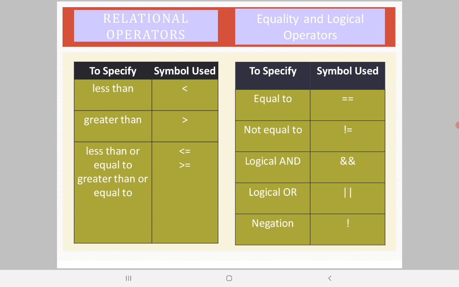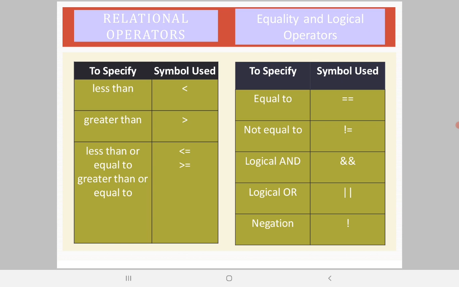Relational operators are generally used to compare two or more values, variables, expressions, conditions, constants, etc. For example, A is greater than B, B is less than C, A is not equals to B, like that.